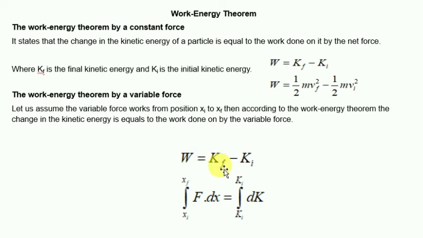This is the change, which we can write as dK. So from initial kinetic energy to final kinetic energy, we can find the total work from this equation by integrating from the initial to the final point.